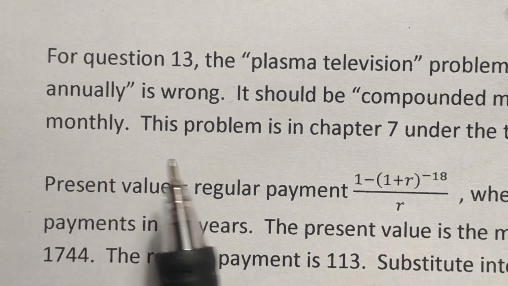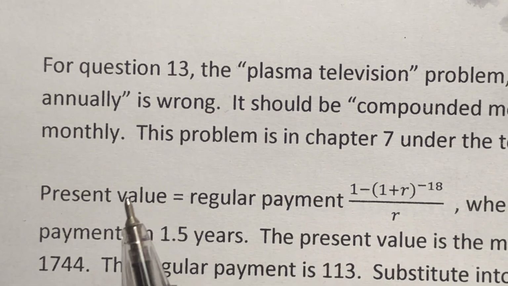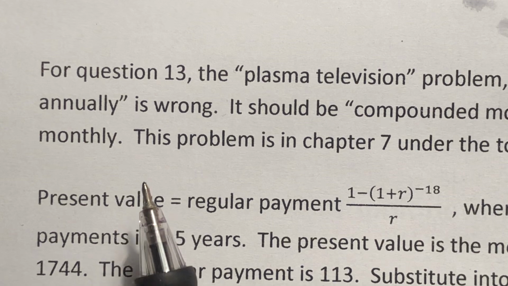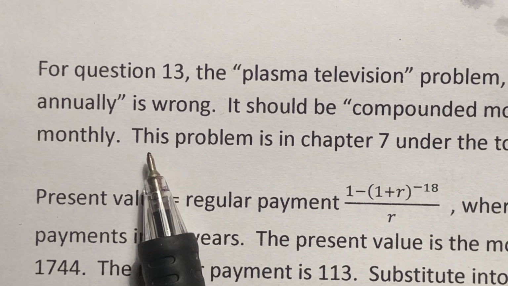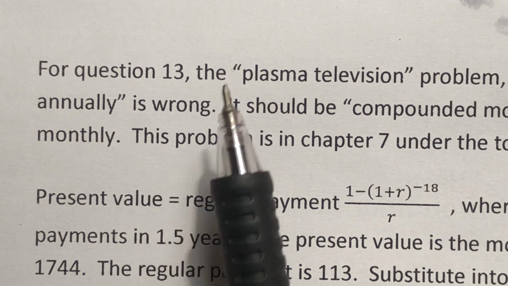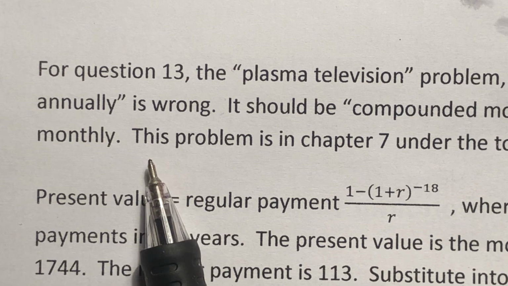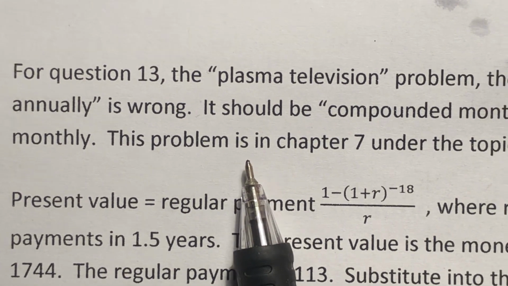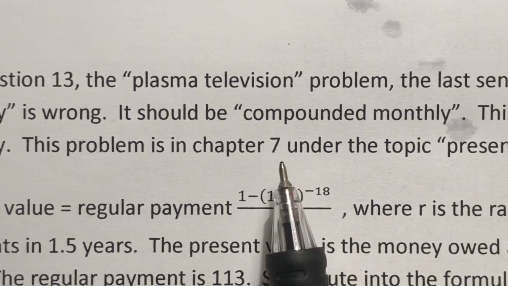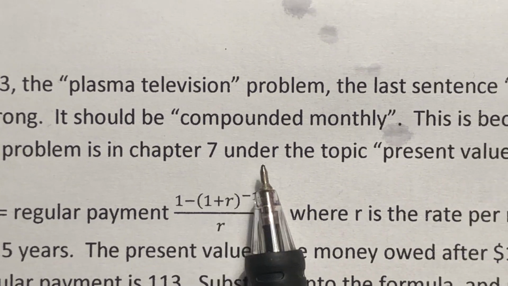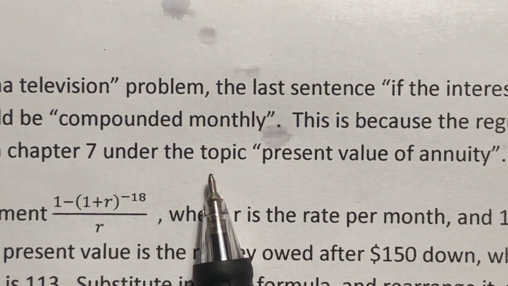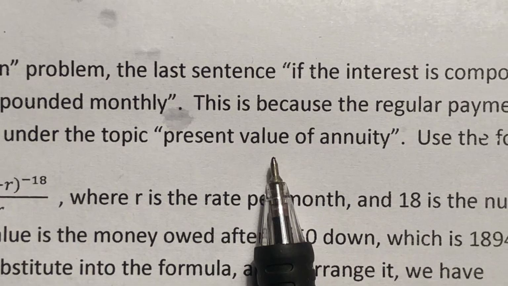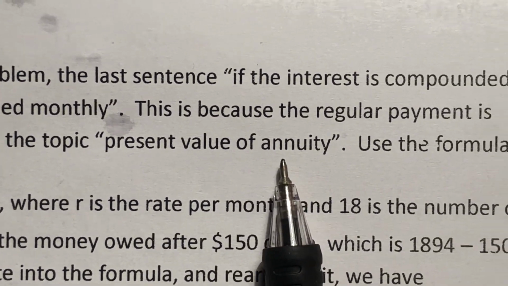So I changed the compounding period to monthly. This problem is in Chapter 7 under the topic Present Value of Annuity.